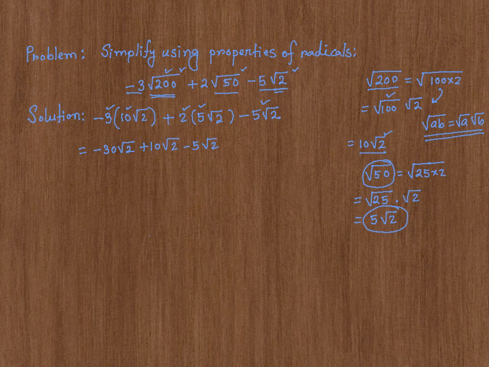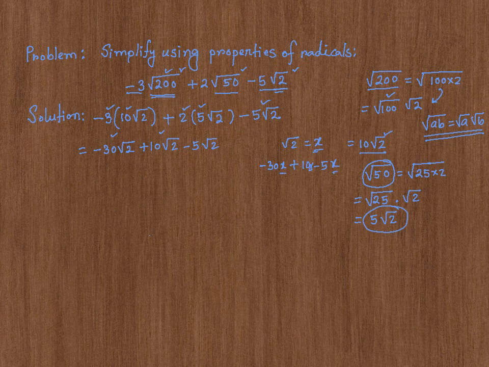If you think of square root of 2 as x, then it's negative 30x plus 10x, minus 5x. I just put it in terms of x so that you can better understand it. You are more familiar with combining similar terms involving variables, so that's why I'm using x.